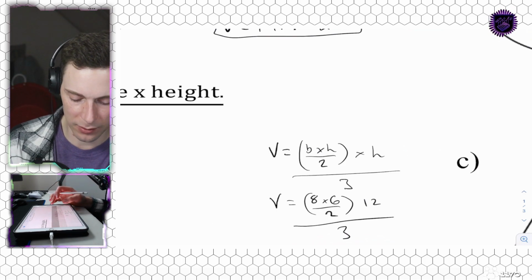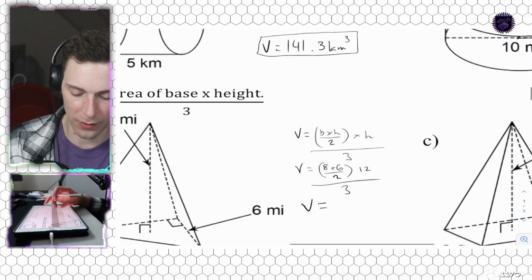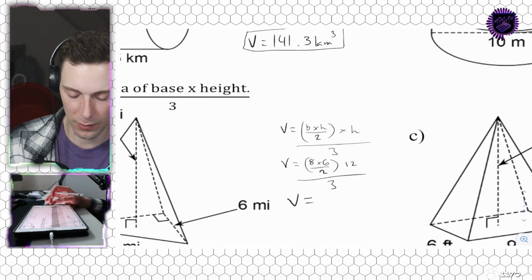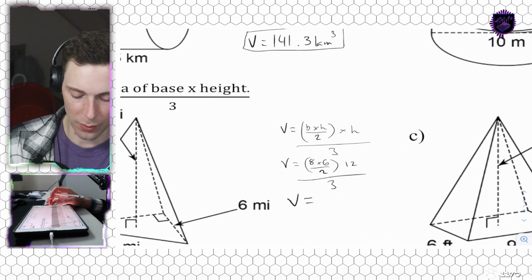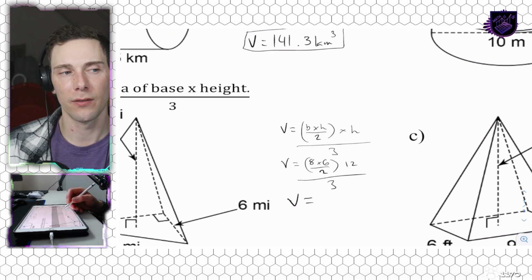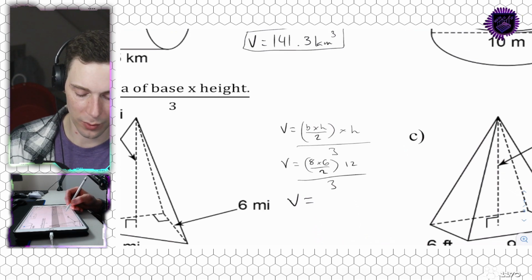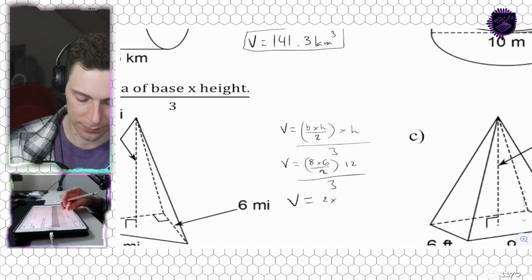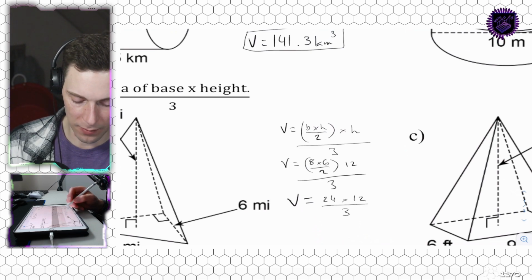Area of a triangle times the height, and then divide the whole thing by 3. So I'm going to go 8 times 6 is 48, divided by 2, 24. 24 times 12 divided by 3.